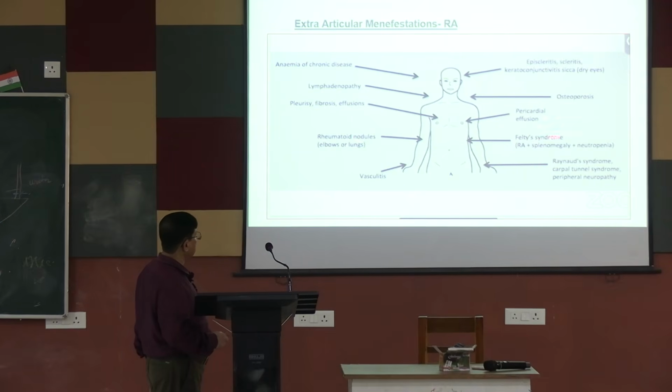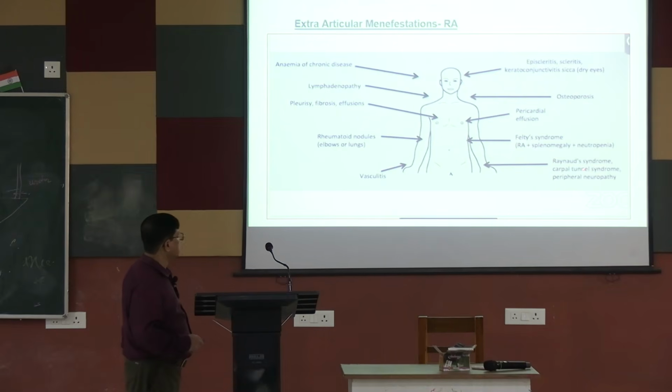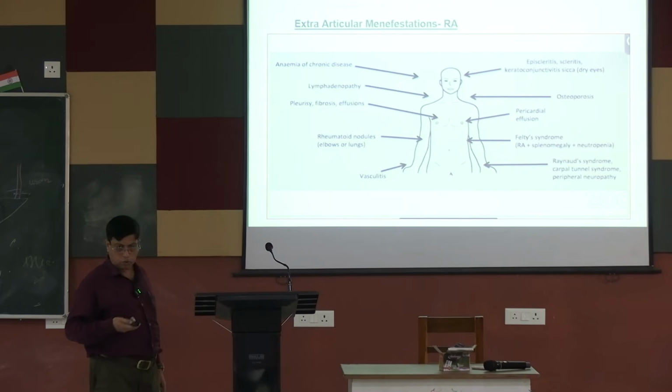And Felty syndrome, I will come to it on a slide. In rheumatoid arthritis, when there is splenomegaly and neutropenia together, we call it Felty syndrome. And Raynaud's disease, carpal tunnel syndrome, and peripheral neuropathies. These are all extra-articular manifestations of rheumatoid arthritis, other than the articular manifestations. And vasculitis, of course, occurs in almost any collagen vascular disease. So these are the extra-articular manifestations.